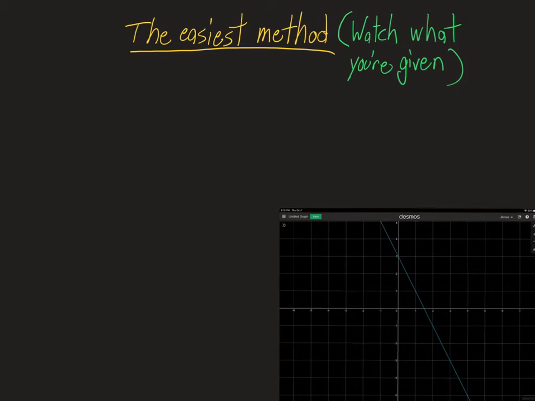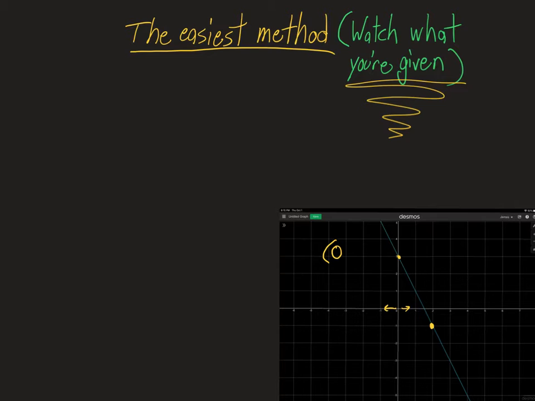So this is the exact same graph, and we're going to start with the easiest method today, okay? Which entails watching what you're given. You have to be given a certain type of thing to make this method work. Okay, let's say we were given, we'll just pick those 2 points off the graph. So that first point has an x value of 0, because notice it didn't go left or right.